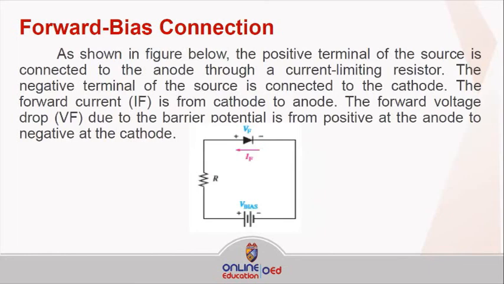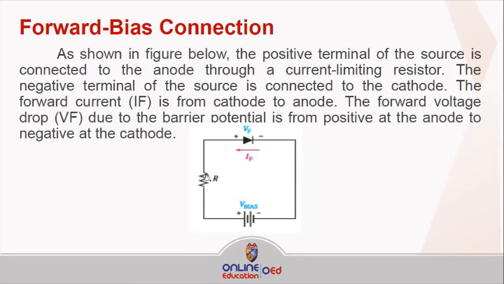Okay, now we'll have a connection for a forward bias connection. As shown in the figure below, the positive terminal of the source is connected to the anode. Okay, yung positive terminal, review lang din ito kanina. Yung positive terminal ng source is connected to the anode through a current limiting resistor.